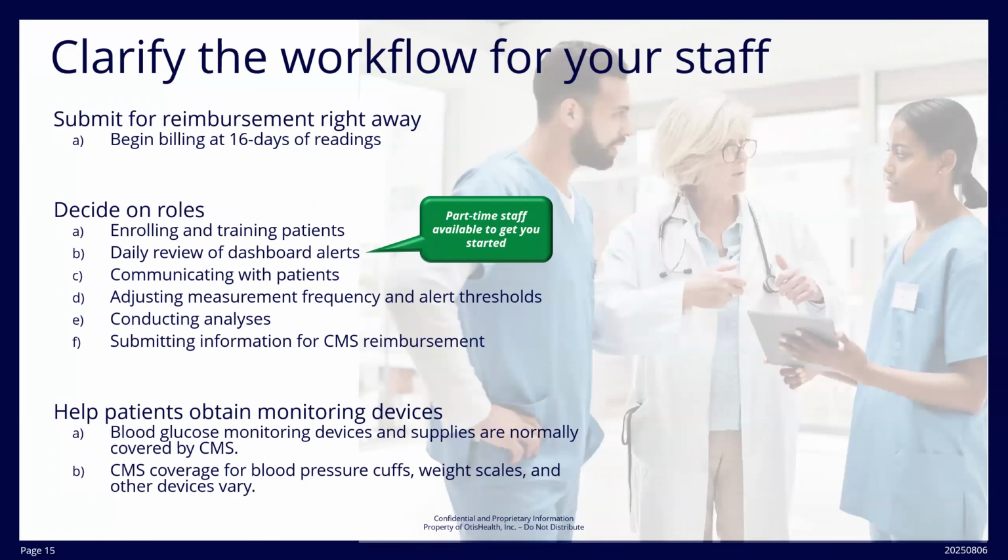And those that are insulin dependent have even more flexibility in terms of the devices they can get and the testing supplies. Other devices are on a case-by-case basis, but your role would be to help the patient acquire the devices. In some cases, medical practices choose to acquire the devices for the patient to ensure the patient gets it in a timely basis and gets into the RPM program quickly.